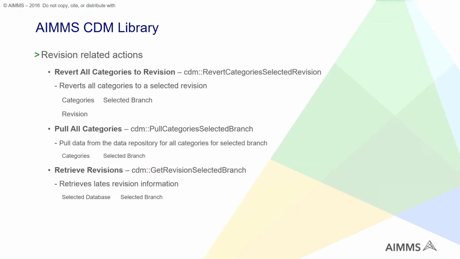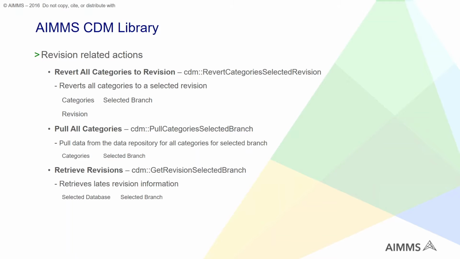Then the final three is that you can revert all of your categories to a specific revision. So basically rolling back on the data changes. And then again, you can pull all categories.